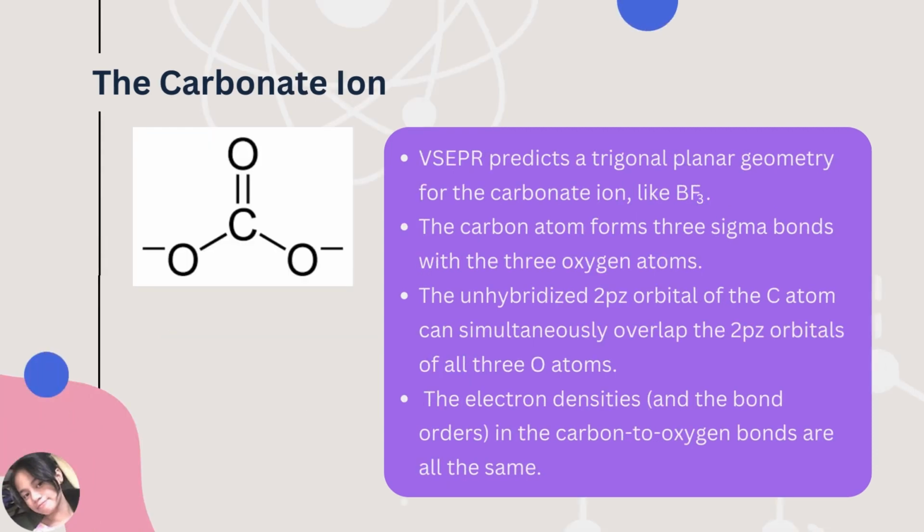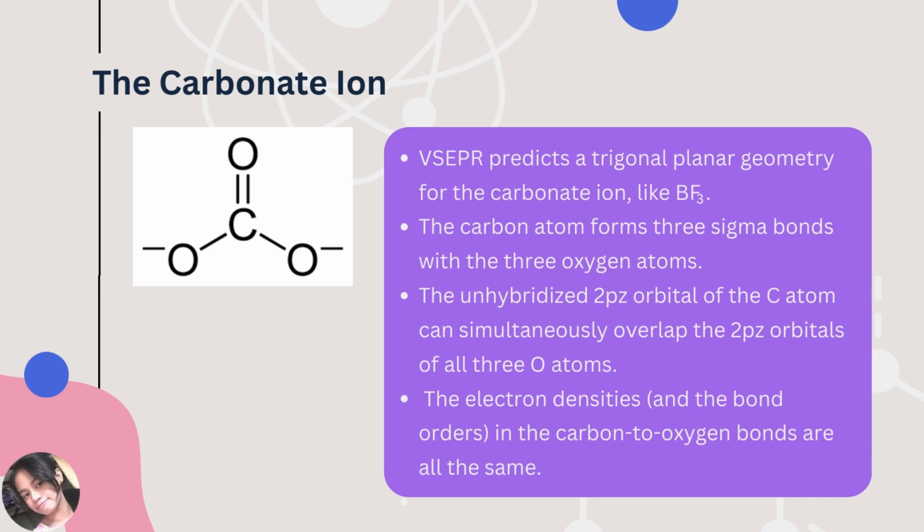Carbonate ion is another example of a compound with delocalized molecular orbitals. VSEPR predicts a trigonal planar geometry for the carbonate ion, similar to boron trifluoride. The planar structure of the carbonate ion can be explained by assuming that the carbon atom is sp2 hybridized.